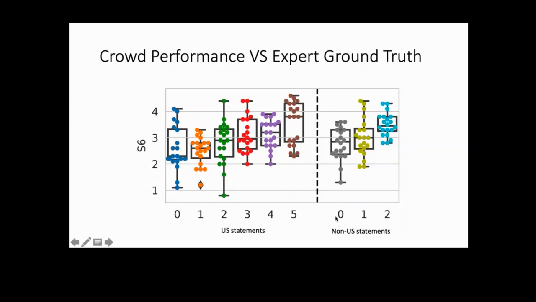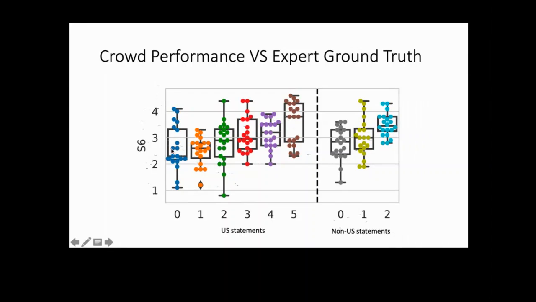If we compare the truthfulness labels provided by crowd workers, here on the y-axis, to the truthfulness labels provided by experts, here on the x-axis, for two data sets, the US dataset and the Australian dataset, you see that there is a correlation. For different levels of truthfulness, here on the top right you have the most truthful statements, and here on the bottom left you have the extremely fake statements. You see a correlation.